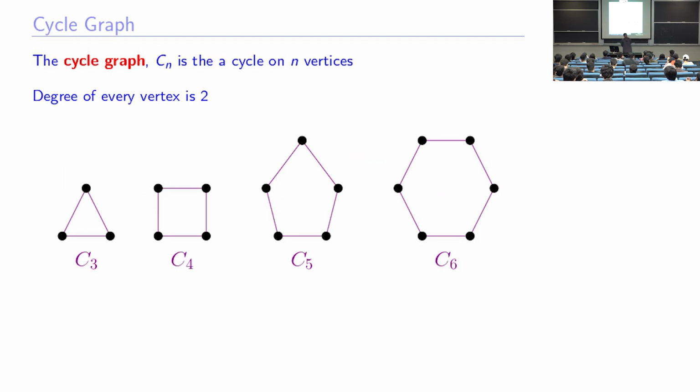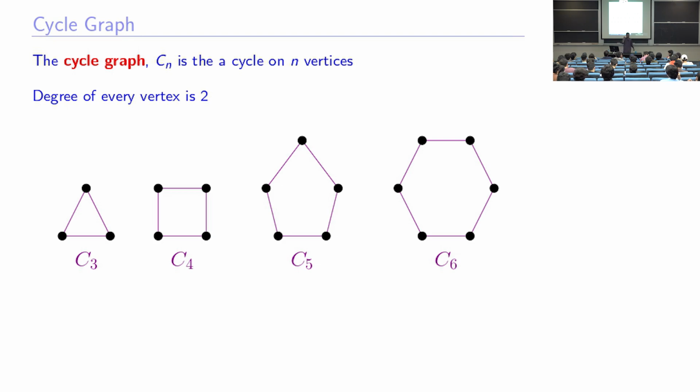Cycle graph is just like we know cycle. So it's just like a path graph, but the first vertex, the so-called first vertex, is now adjacent to the last vertex. So first and last are just meaningless statements now. They lose their meaning because now they are like cycles. So the degree of every vertex in a cycle is equal to 2, right?